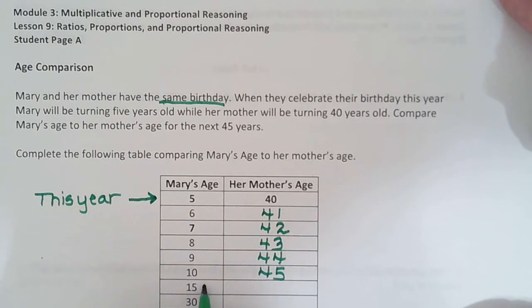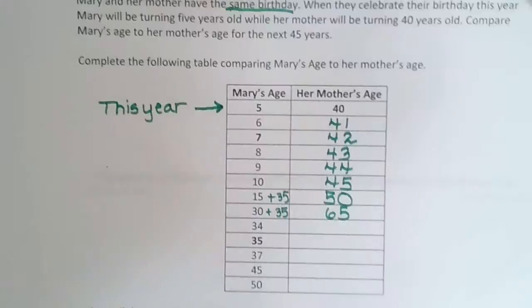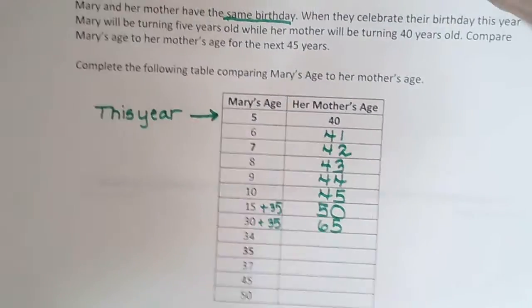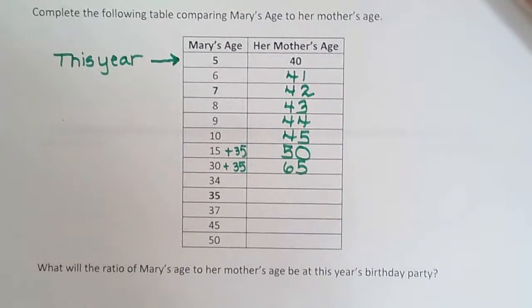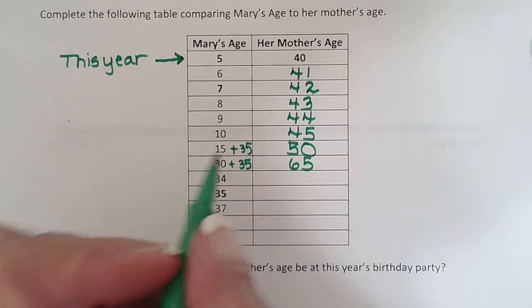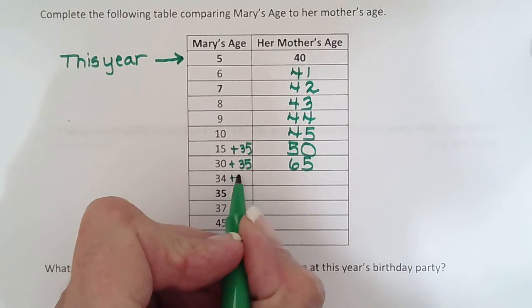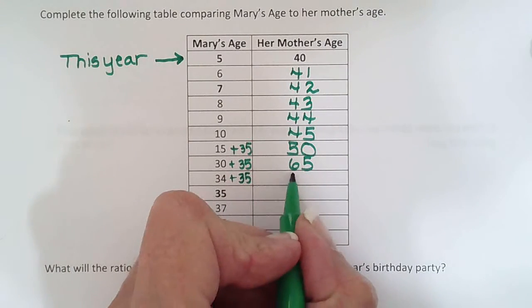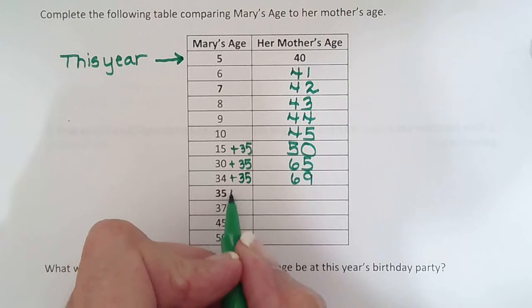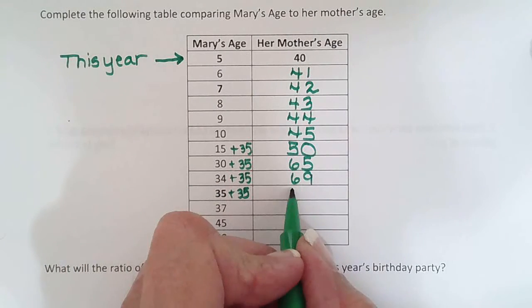So now that we're getting up here, let's just do that. 15 plus 35 is going to give me 50. 30 plus 35 is going to give me 65 because she's 35 years older. Whoops. We can take this paper clip. Okay, and then 34 plus 35, that will be 69. 35 plus 35 will be 70.